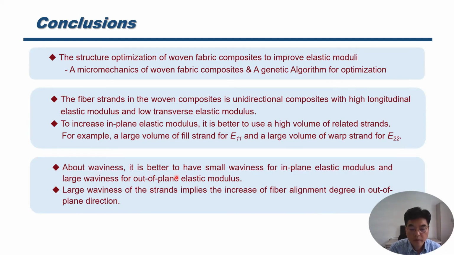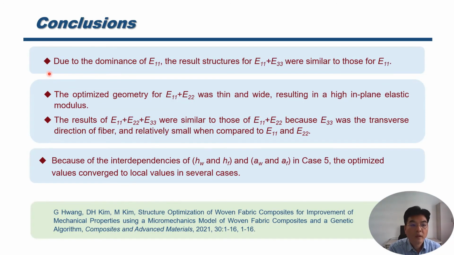For waviness, it's better to have a small waviness for in-plane elastic modulus like E11 and E22, and a large waviness for out-of-plane elastic modulus like E33. Due to the dominance of E11, the resulting structure for E11 plus E33 was quite similar to that for E11.